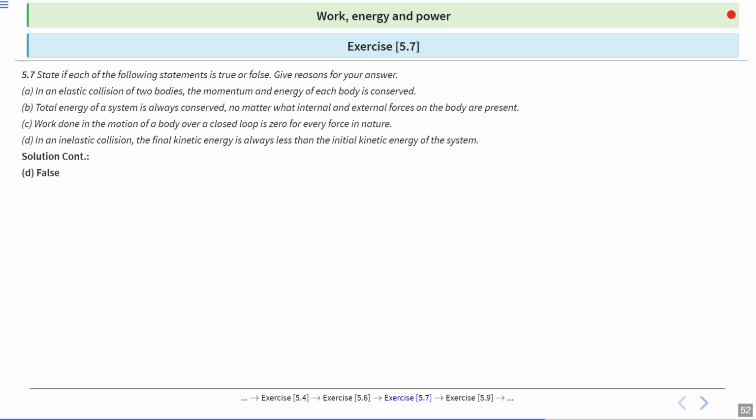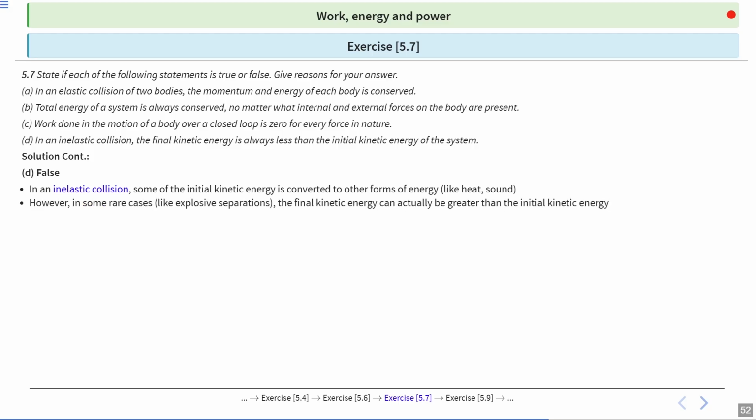D, in an inelastic collision, the final kinetic energy is always less than initial kinetic energy of the system. In an inelastic collision, some of the initial energy is converted to other forms of energy like heat, sound. In some rare cases like explosive separation, the final kinetic energy can actually be greater than initial kinetic energy.